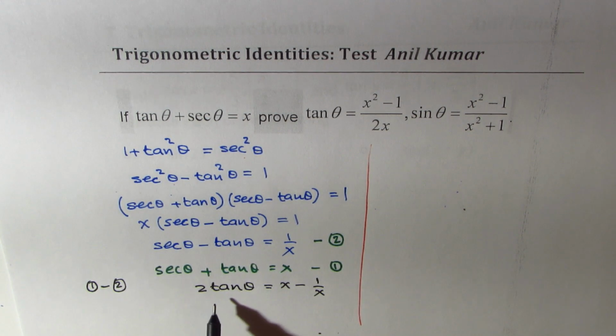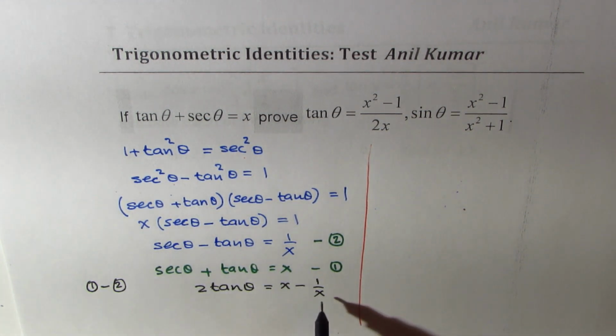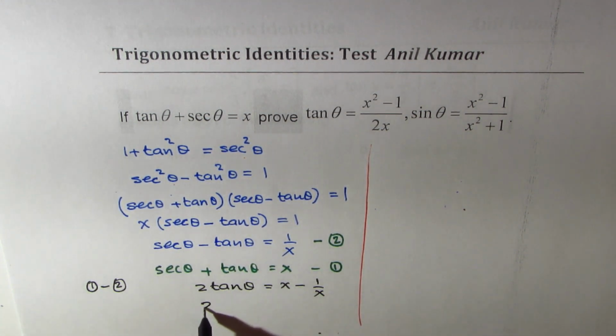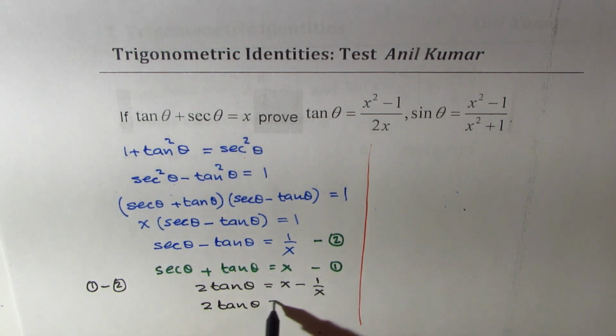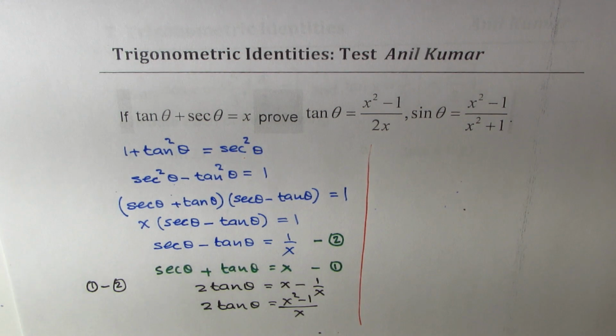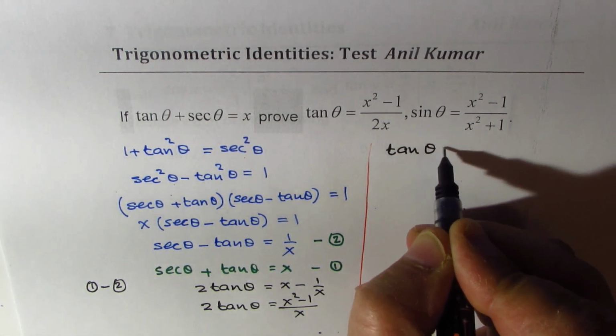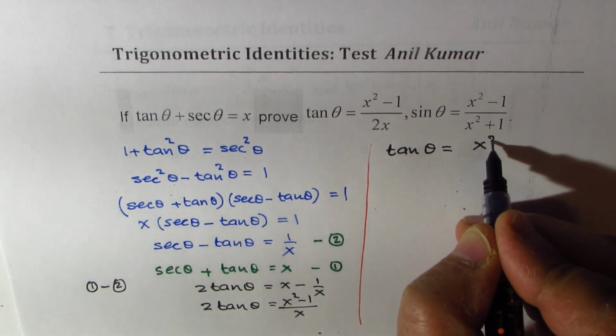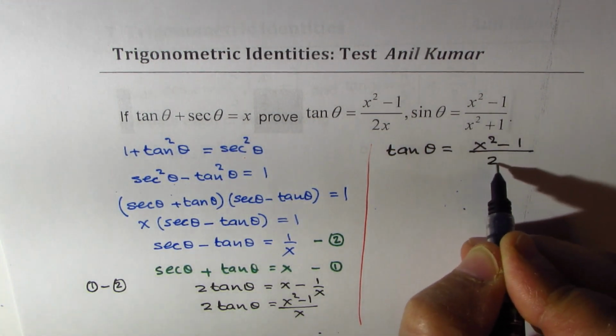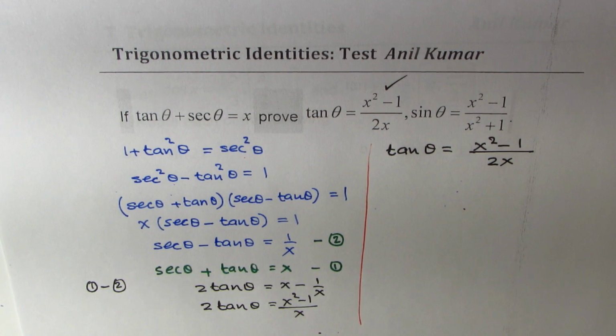So from here we get the expression for tan. Well, so we get 2 tan theta equals x square minus 1 over x. Let's take it on this side and write down the result, which is tan theta is equal to x square minus 1 over 2x. Now that is what we wanted to show, correct?